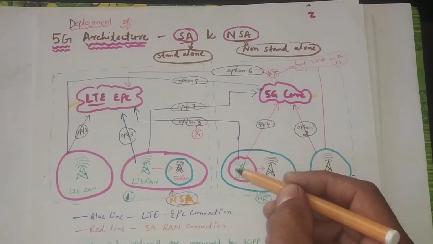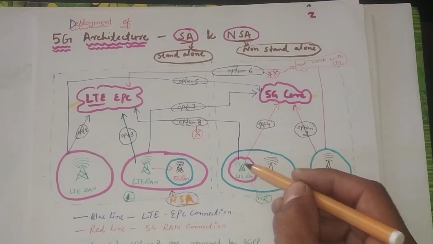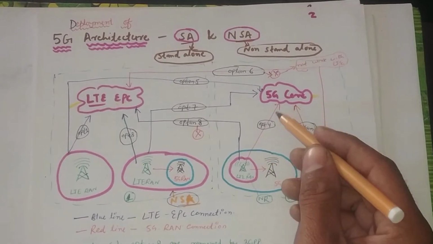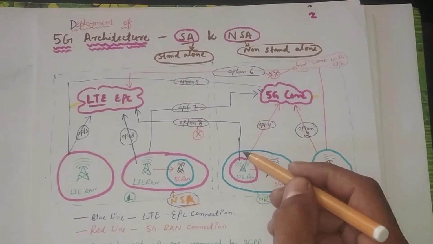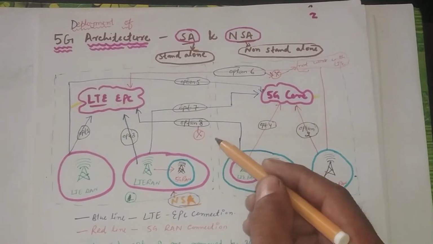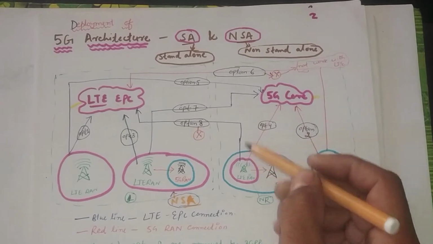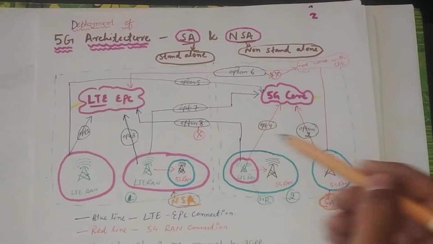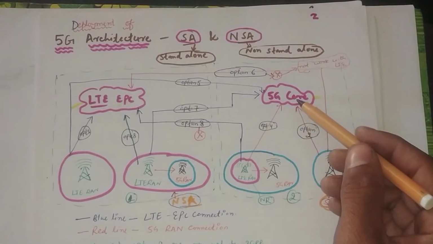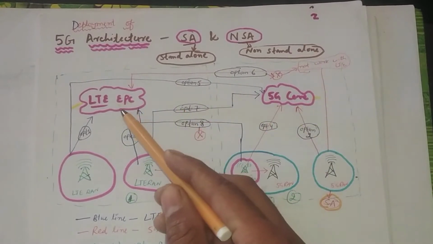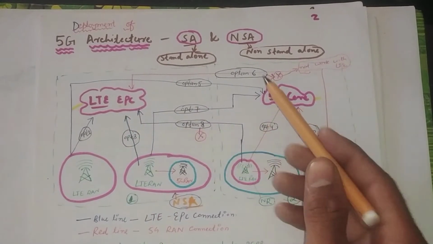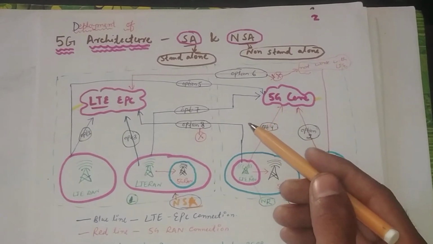So this base station is totally changed, and it is handled by the 5G core network, and it will not get the services from the 4G data network here. And here for option 8, this 5G new radio base station will totally depend upon the 5G core network, not depend upon the 4G data server. So that is why option 8 and option 6 are removed in the 3GPP.